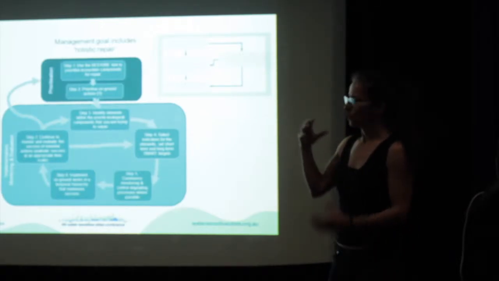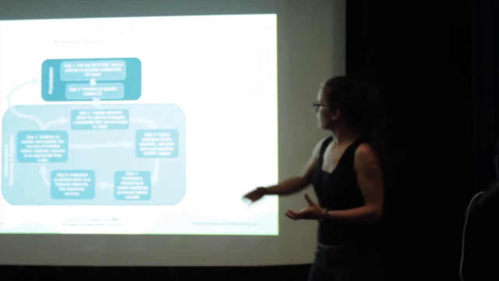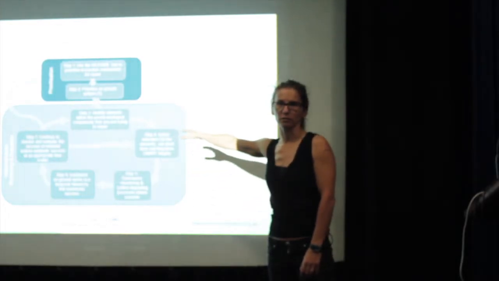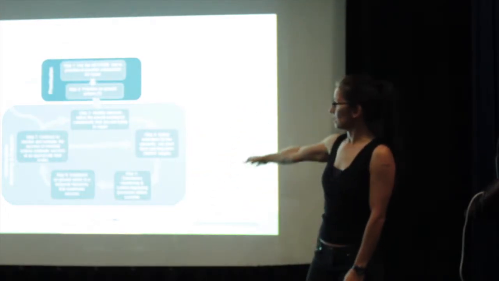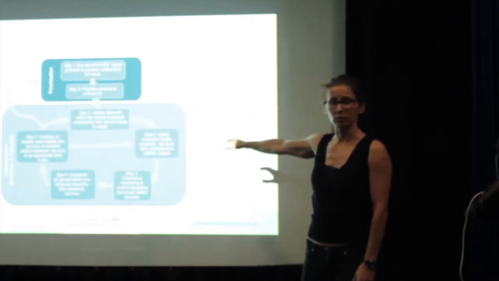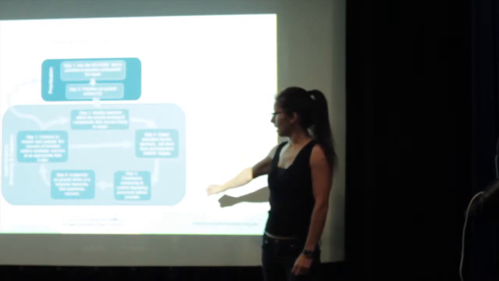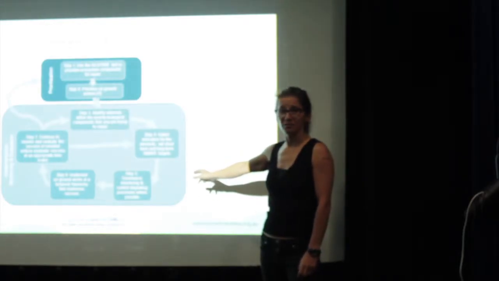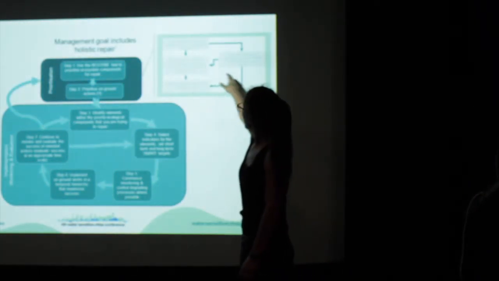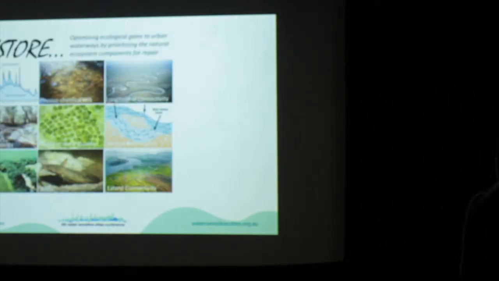Once you've worked out what you're going to prioritise on and identified the actions you're going to do on the ground, then you've got this whole monitoring, implementation and evaluation cycle, where you go out, monitor, see if you've made any difference, and then maybe change things if you're not succeeding. I know this requires a lot of money, and often it doesn't actually happen, which is unfortunate because it's really how we learn. But today, the tools I'm talking about are sitting up in the top part in terms of prioritisation.